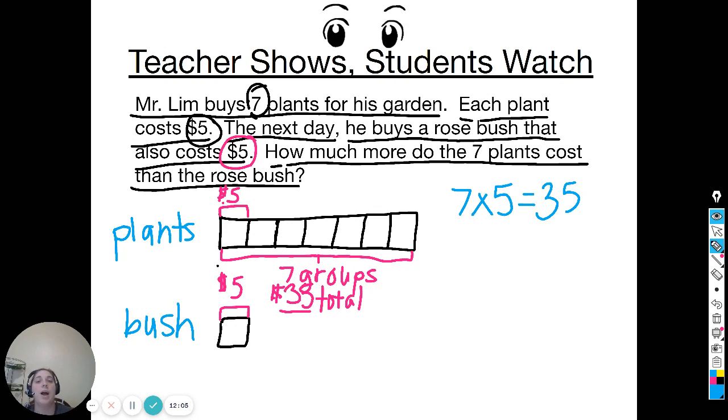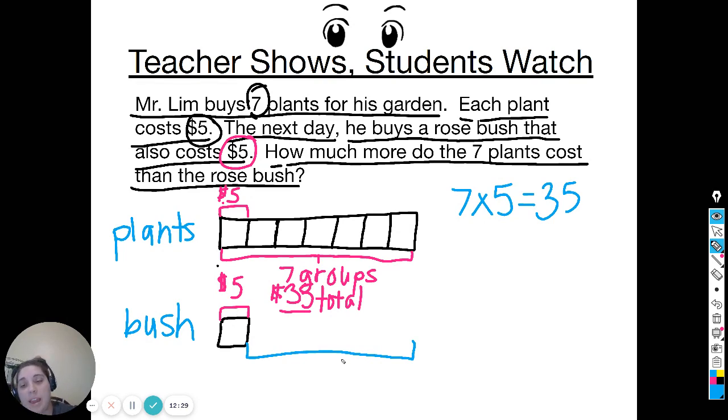And it wants to know how much more do the 7 plants cost than the rose bush. Well, if we look here, we want to find out the difference, okay, between what he spent on the 7 plants and what he spent on the 1 rose bush.